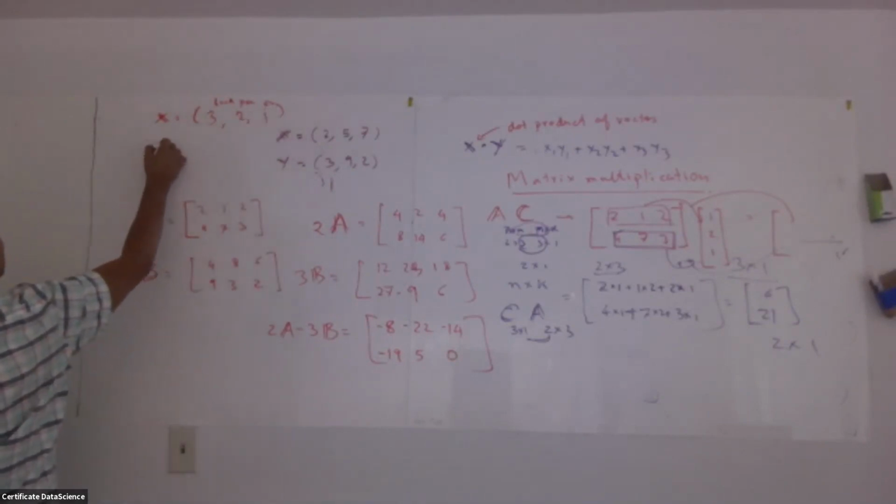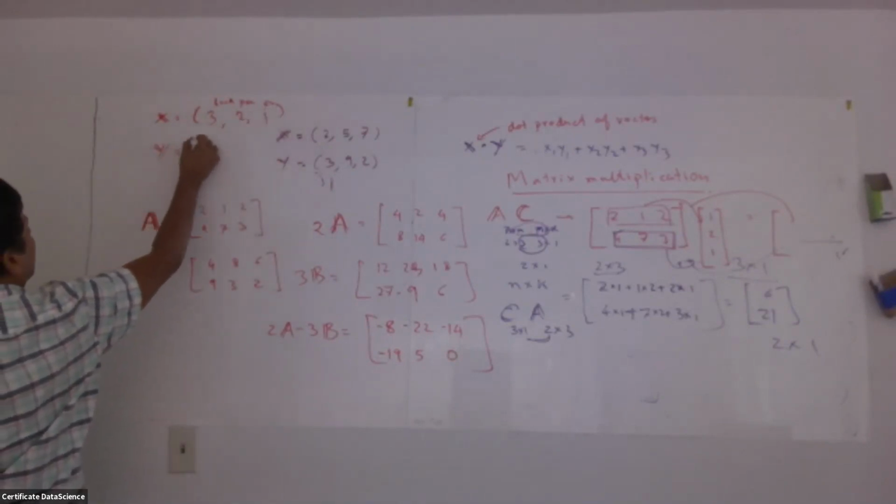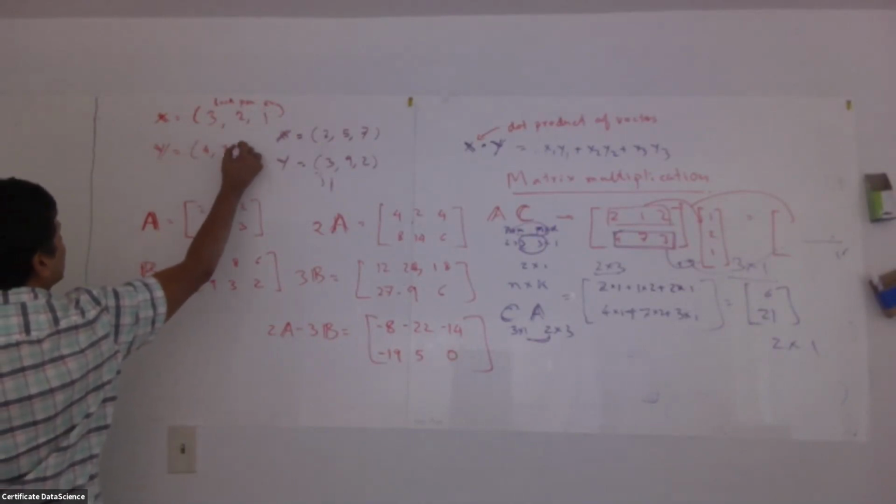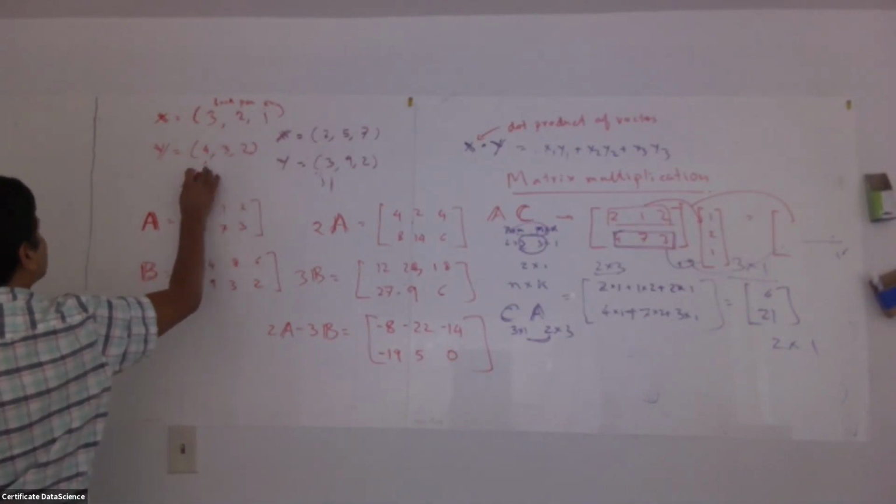So I have another vector. I got 4 books, 3 pens, and 2 erasers. So what is the total value?